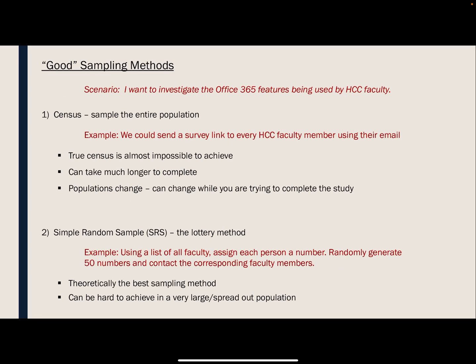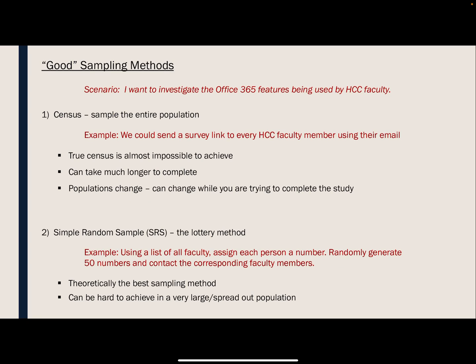So the scenario I have is I want to investigate the Office 365 features that are being used by HCC faculty. So HCC has Office 365 now, and I just want to study what are the features that different faculty are using with this new program.